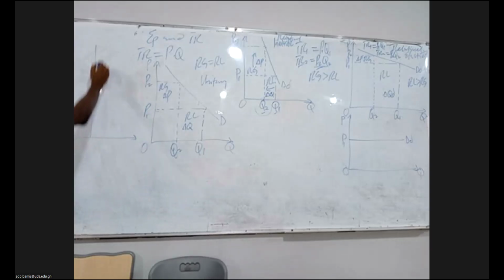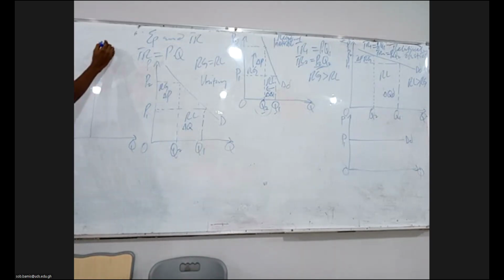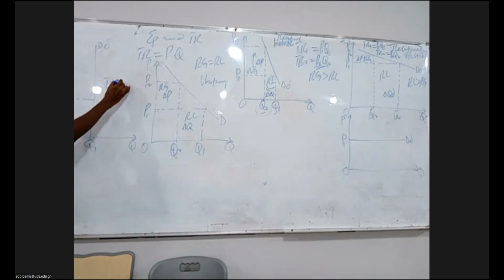This is our demand curve, our price axis, our quantity axis. Okay. So assuming that the price of the product initially was set at P1. At that P1, what was demanded? Q1. And so total revenue of the firm TR1 was equal to P1 times what? Times Q1.